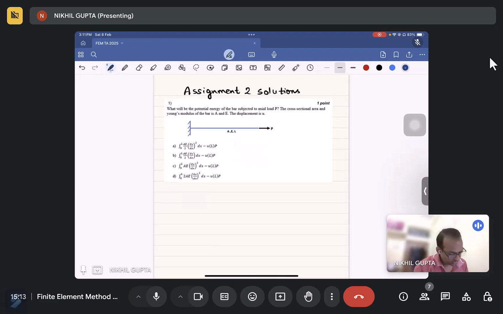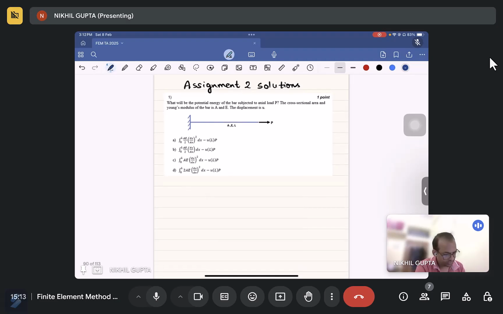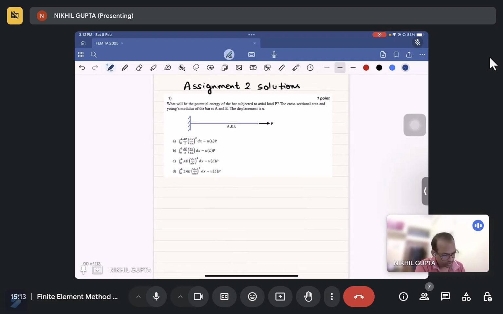So, this potential energy function we have to calculate with the axial load given as P. A similar question we have covered in the previous TA class where a distributed load was given. So I directly write that potential energy pi is given by strain energy minus work done.